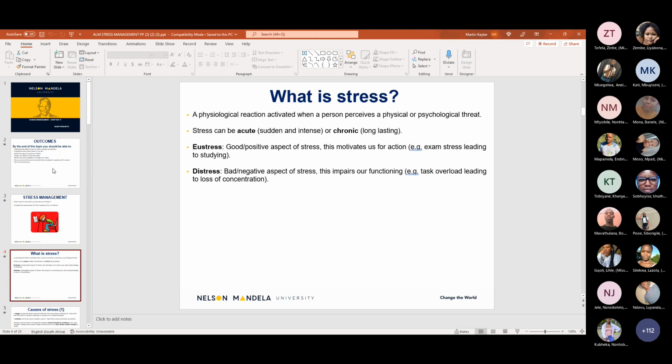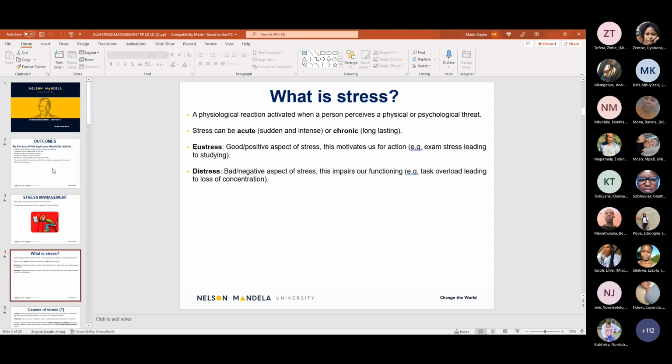Then distress is the negative or the downside of stress. This impairs our functioning. This can be when we become aware of the stress. Perhaps in the beginning of the semester, you did not take time out during that week to plan and schedule your timetable for the second semester. So you've lost track of your responsibilities, and this aspect of stress impairs our functioning.